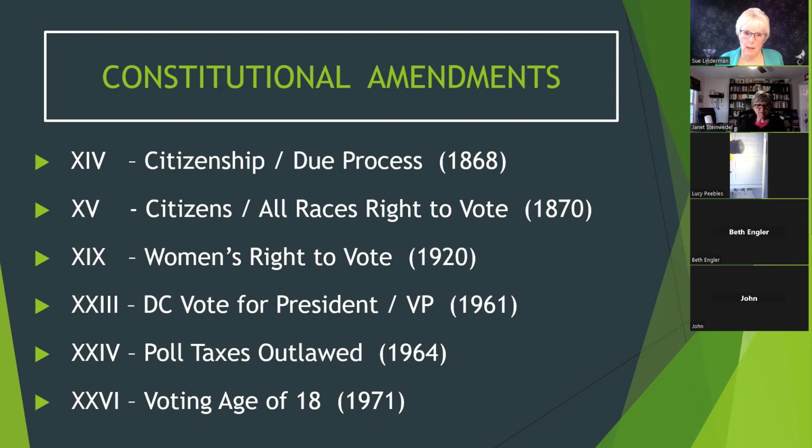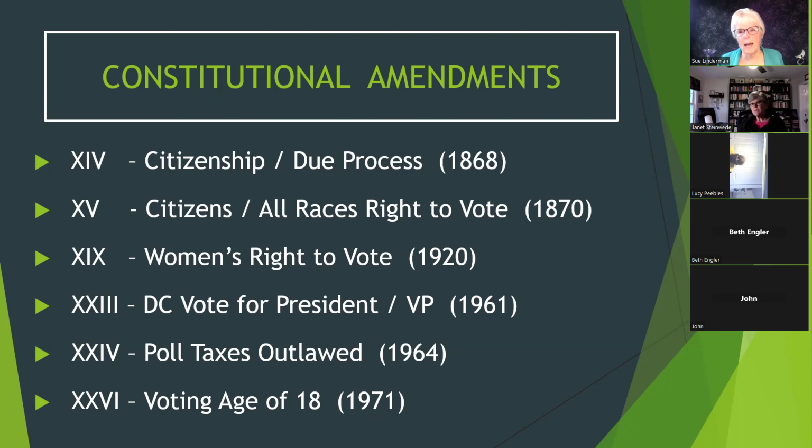The 24th Amendment was ratified in 1964, and it was yet another example of a constitutional amendment being required to enforce something that had already been legislated and made legal, and that was to outlaw poll taxes.